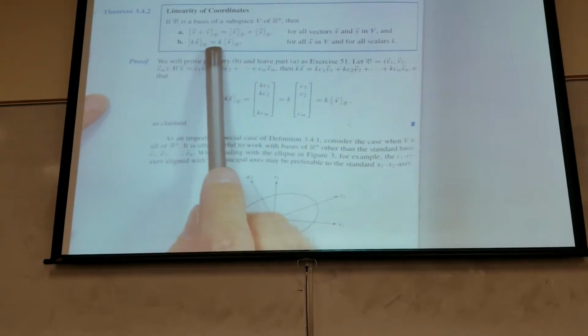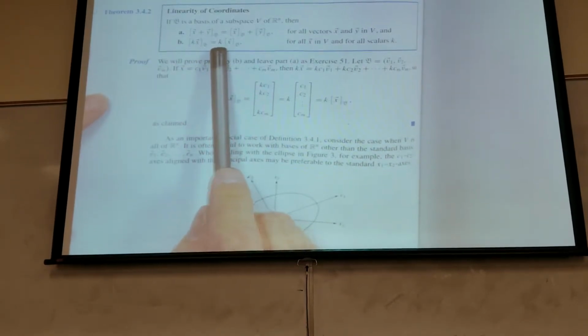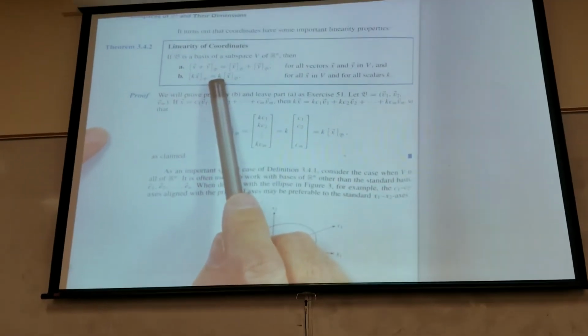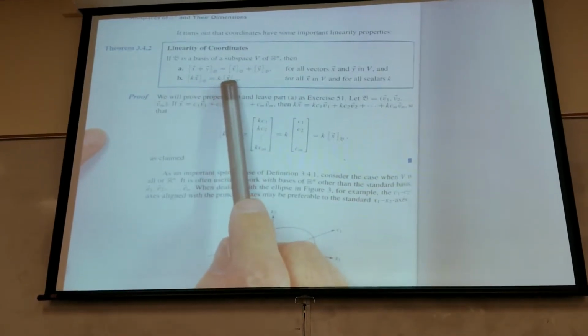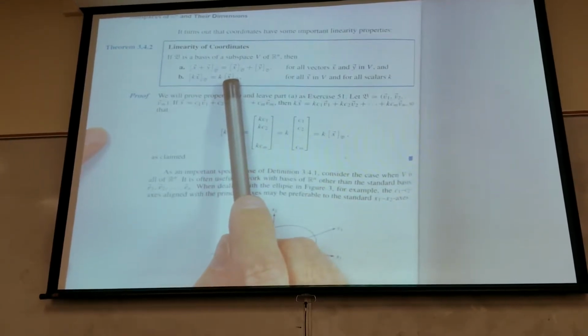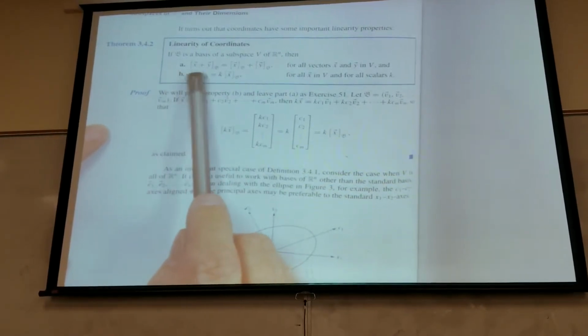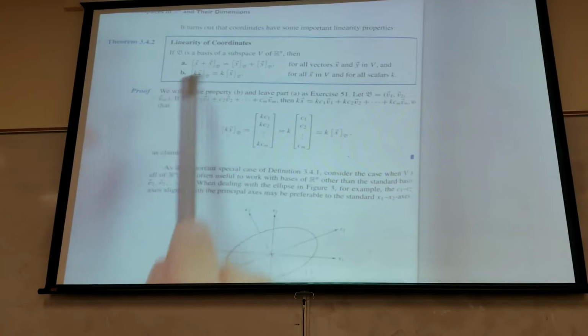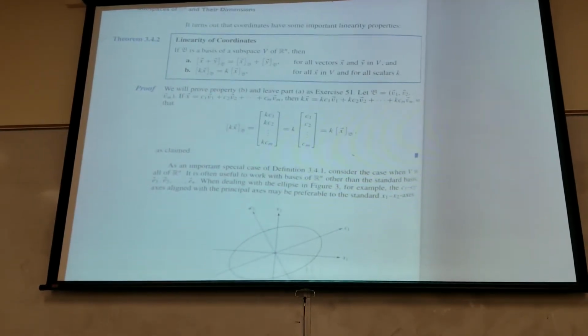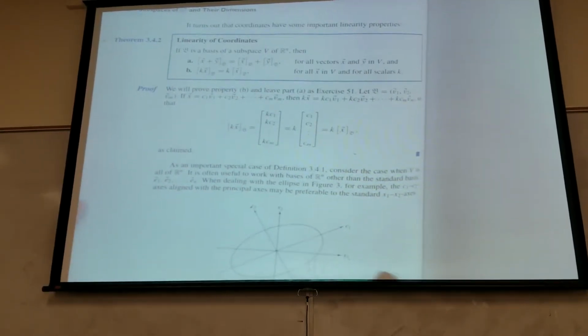Then you take coordinates. It is equal to k times the coordinate vector of x. So as if you can move the k outside the bracket. So these two properties are the linear property.